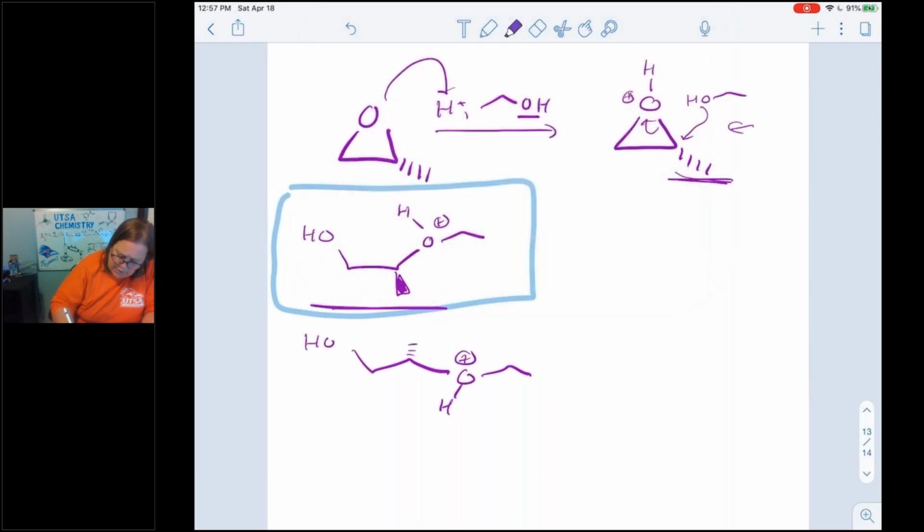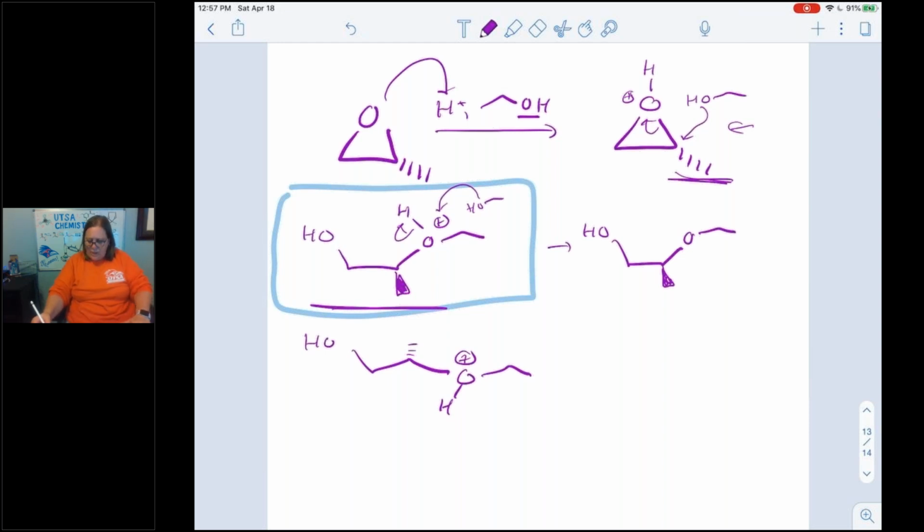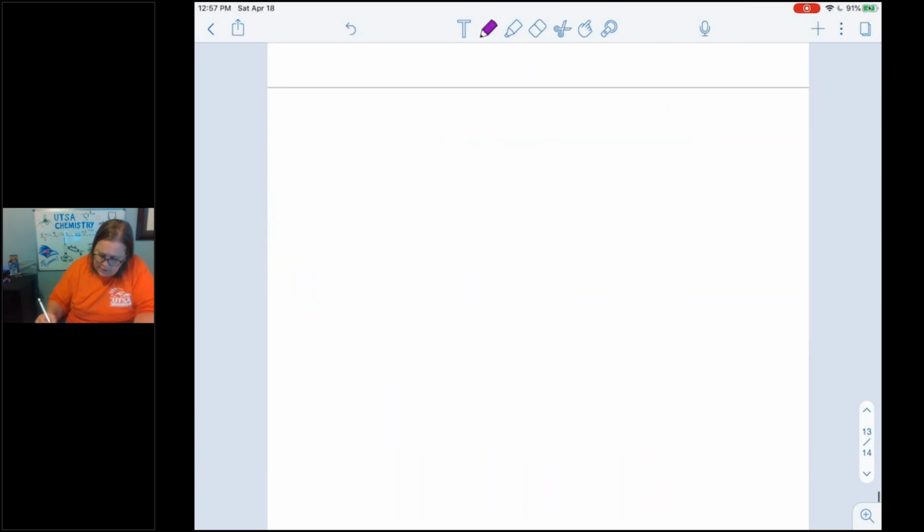Next step, of course, is deprotonation. Ethanol, or whatever your nucleophile is, can do your deprotonation step. And so that's your final product. All right. And so acidic versus basic conditions. Acidic versus basic conditions.